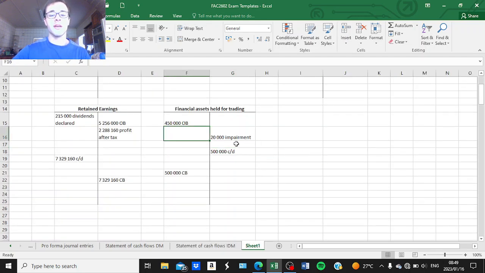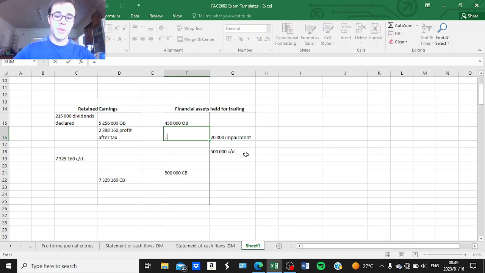So the balancing figure will definitely be on the debit side, because this side amounts to 520 and we have 450. So this implies that there was an acquisition of additional financial assets during the year.